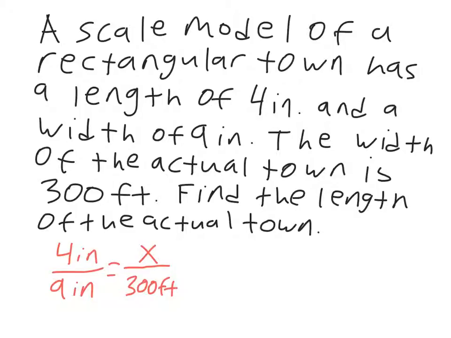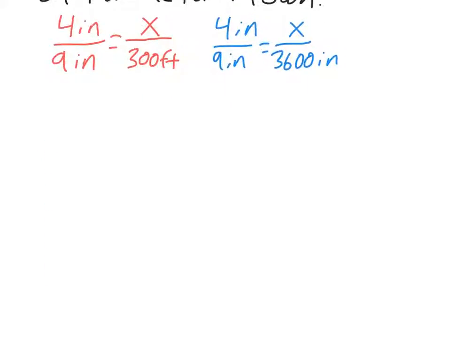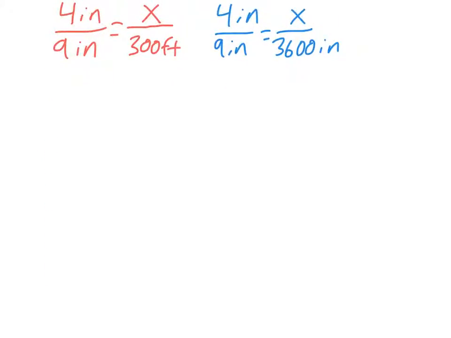So we'll still get our 4 inches to 9 inches. And x over, and then 300 feet is actually 3,600 inches. So let's bring this down so there's more room. Now we want to cross multiply this proportion.